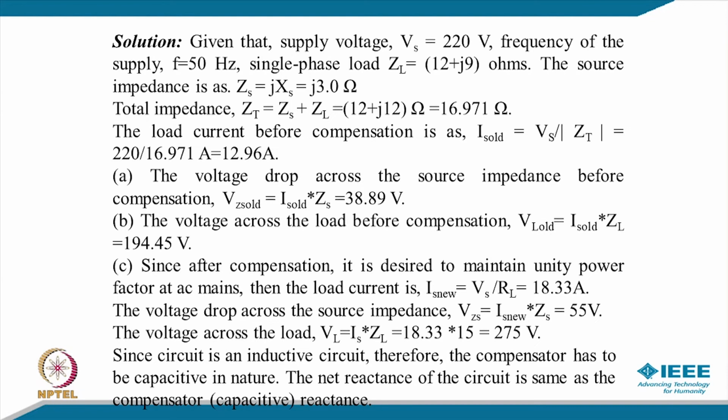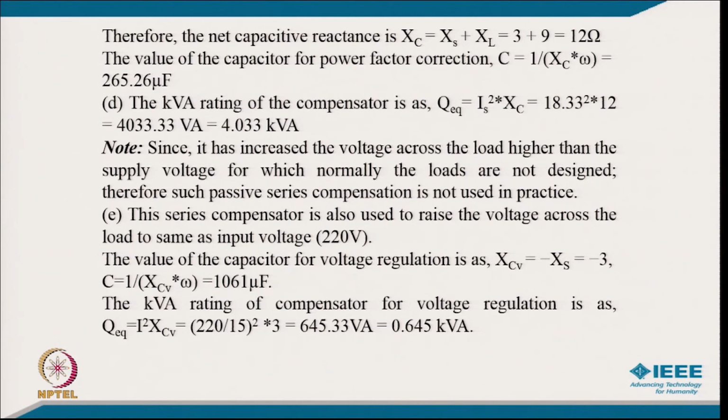Since the circuit is an inductive circuit, the compensator has to be capacitive in nature, and the net reactance of the circuit is the same as the compensator's capacitive reactance. Therefore, the net capacitive reactance is Xc equal to Xs plus XL, that is 3 plus 9 ohm equal to 12 ohm, and the value of the capacitor for power factor correction is C equal to 1 upon Xc into omega, it comes to 65.26 microfarad.